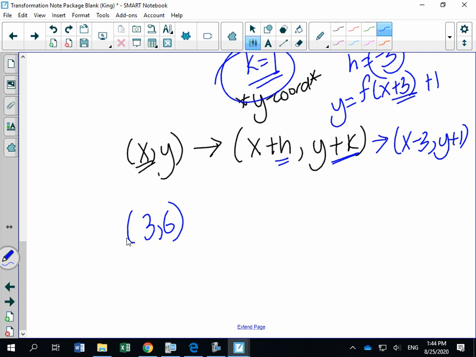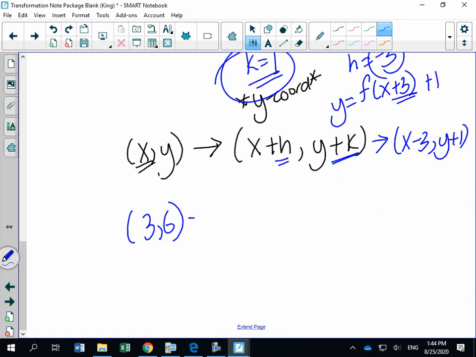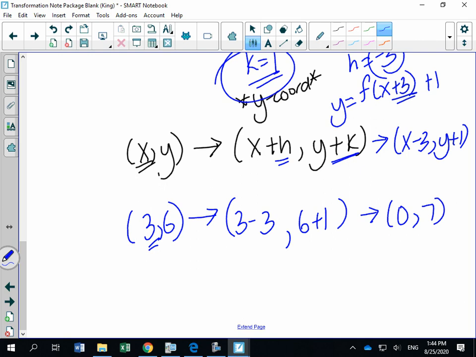Well, what would happen to this coordinate at 3, 6 if it went 3 units left and 1 unit up? 1 unit up, that 6 would go to a 7. And 3 units left, that 3 would go to a 0. My new point would be at 0, 7.